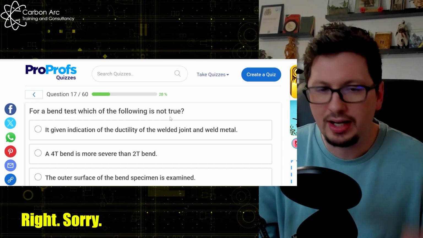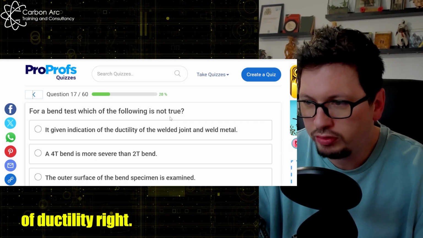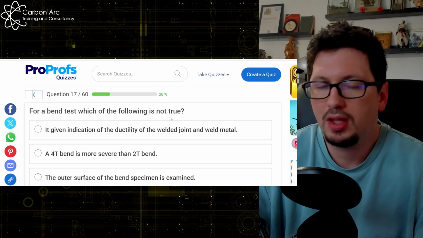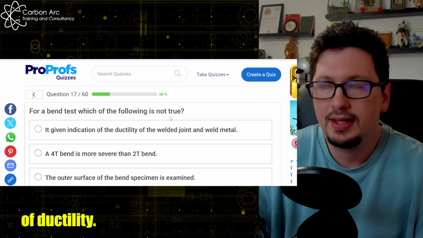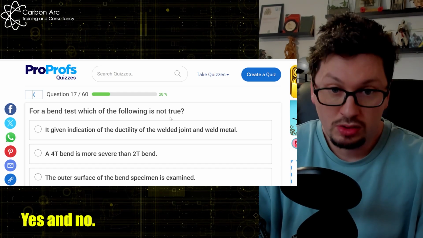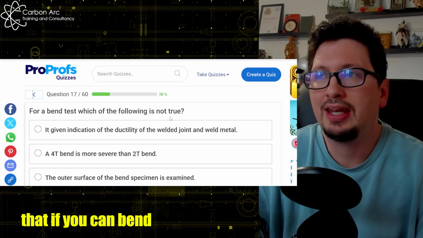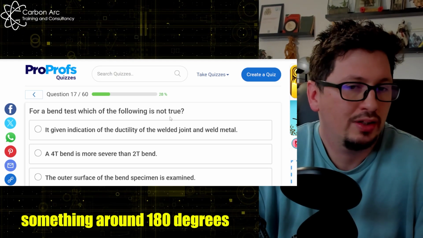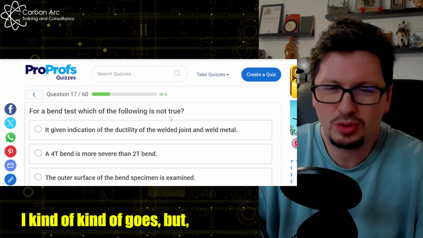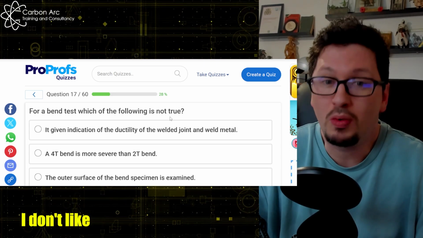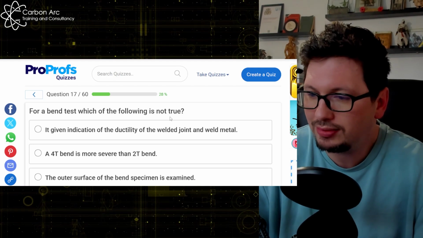So does a bend test give an indication of ductility? Yes and no. But it's a qualitative measure of ductility, that if you can bend something around 180 degrees and it doesn't crack, yeah, it kind of goes. But I don't like it as a measurement, for all my opinion matters.